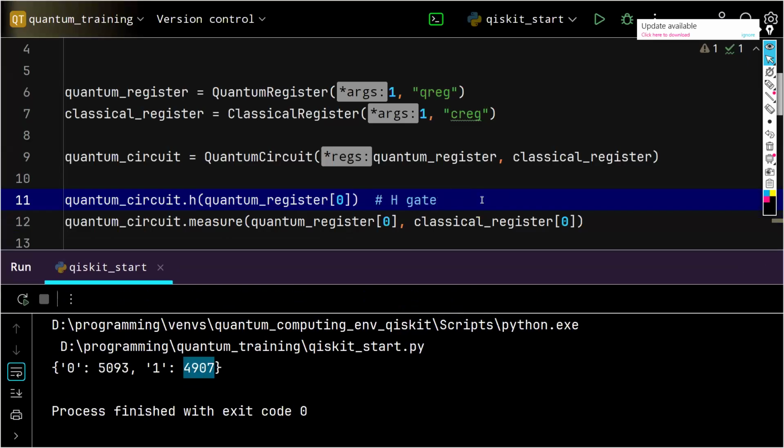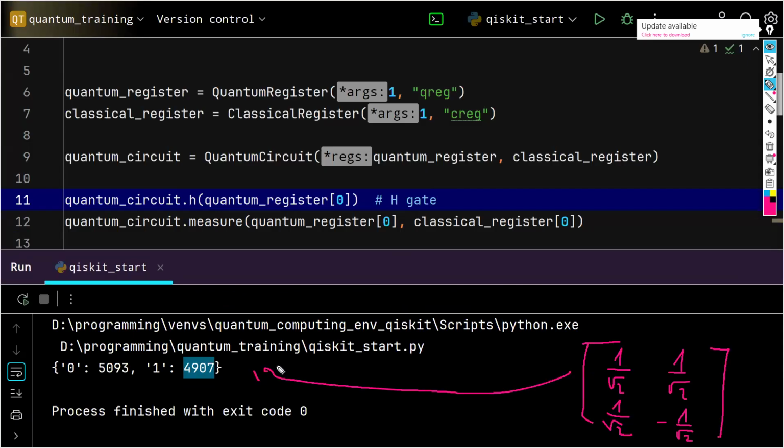And this is exactly the operation with this 1 over square root of 2, 1 over square root of 2, 1 over square root of 2, minus 1 over square root of 2. This is the operation that leads to this result.